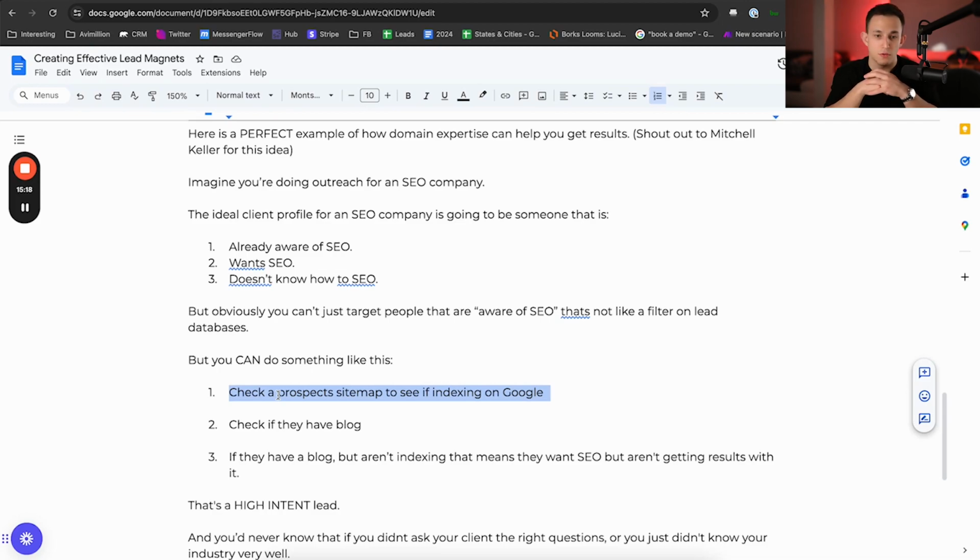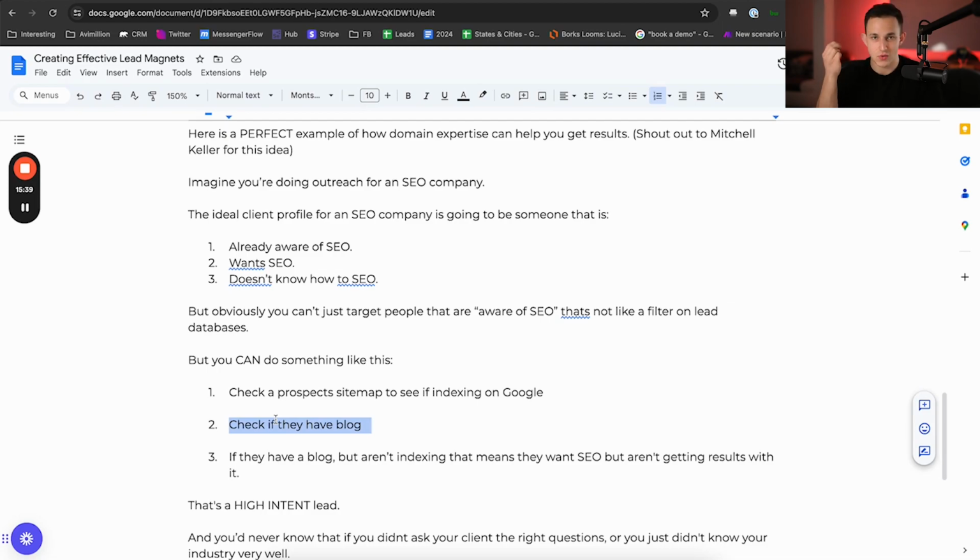Now, for those of you who don't really know how SEO works, long story short, for you to be search engine optimized, you need to be indexed by Google. There are ways to check if Google has indexed your website. And for those of you who also didn't know, blogs are one of the best ways to rank on Google.